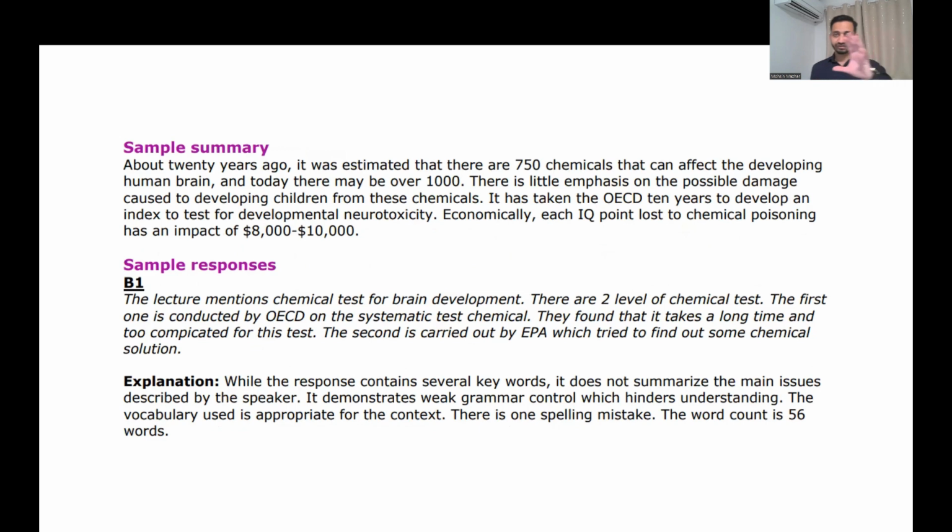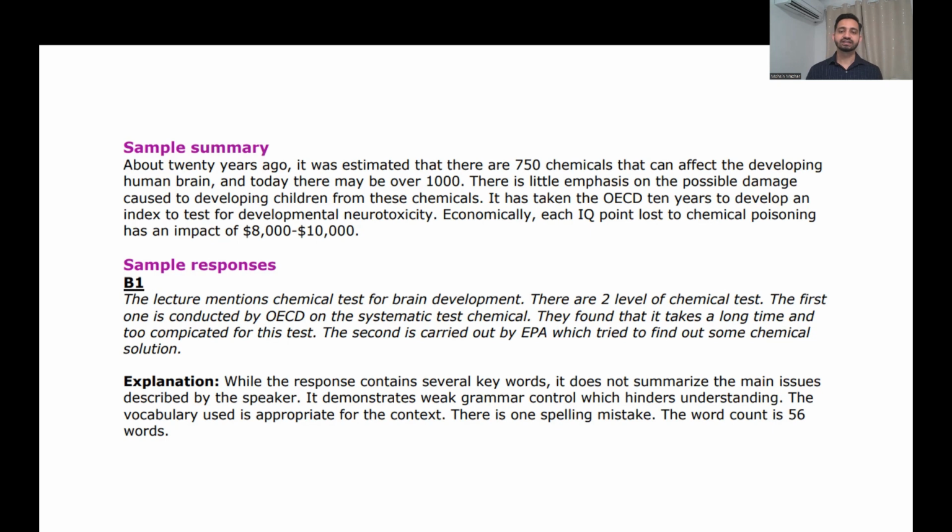All right, sample summary. I'm going to share with you a good sample summary here, and I hope you've written a summary like that. About 20 years ago, it was estimated that there were 750 chemicals that can affect the developing human brain, and today there may be over 1,000. There is little emphasis on the possible damage caused to developing children from these chemicals.